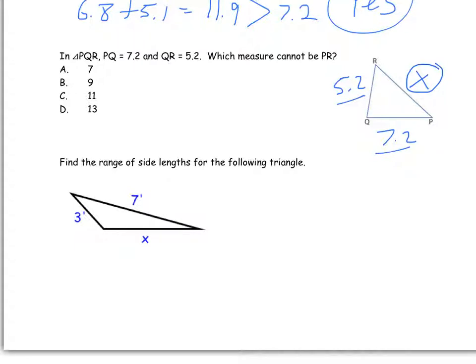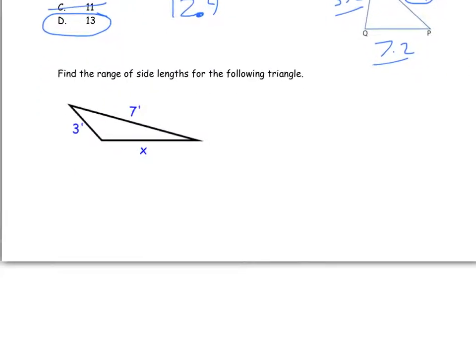So when I add 5.2 and 7.2, I end up with 12.4. Is 12.4 bigger than 7? No, so 7 could not be this side right here. 9 is not bigger than 12.4, and neither is 11. 13 is, therefore that is my answer, D.